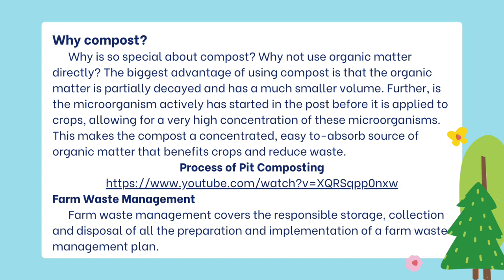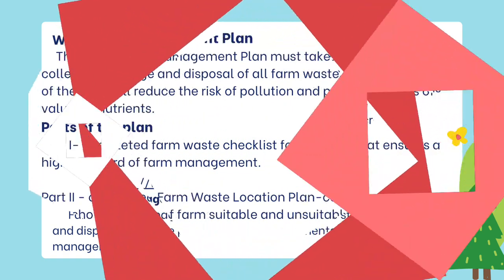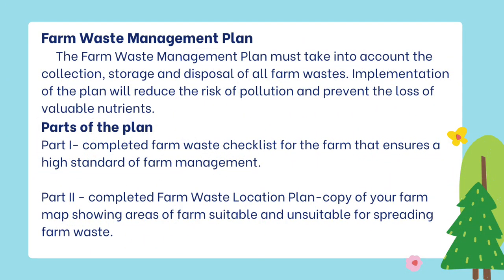Farm waste management. Farm waste management covers the responsible storage, collection, and disposal of all farm wastes, and the preparation and implementation of a farm waste management plan. The farm waste management plan must take into account the collection, storage, and disposal of all farm wastes.